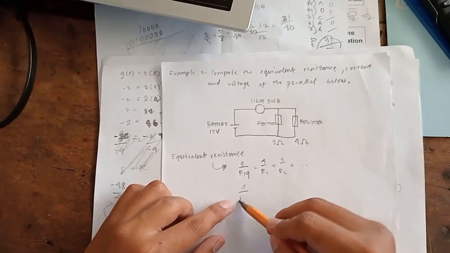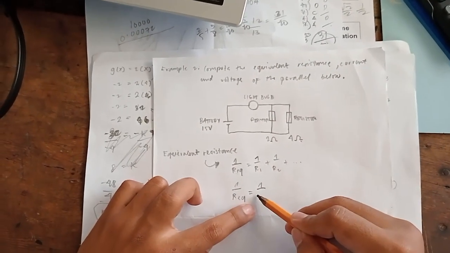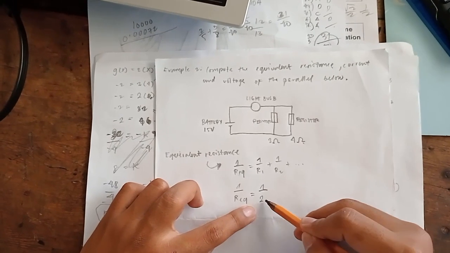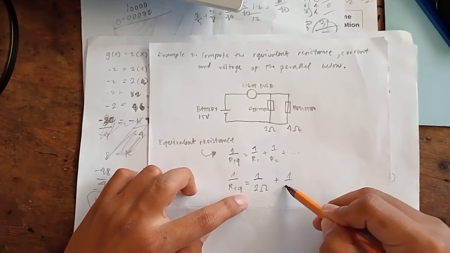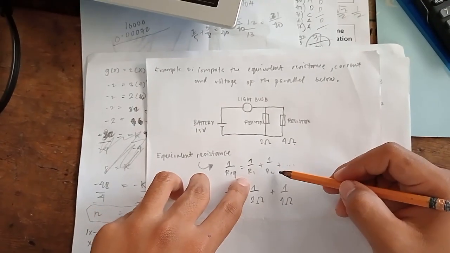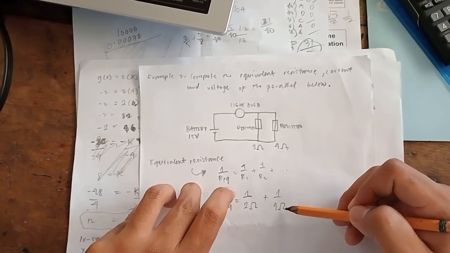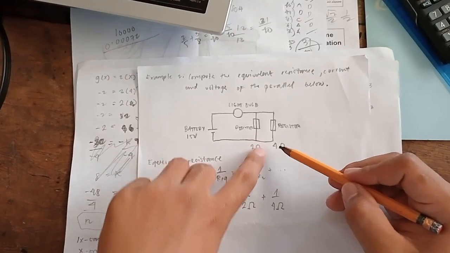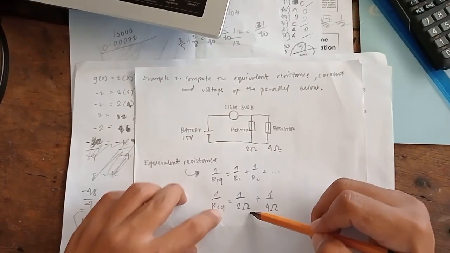So this is going to be 1 over 2 ohms plus 1 over 4 ohms. We put the value of R sub 2 as the same value as resistor 2, the same with R1 and resistor 1.